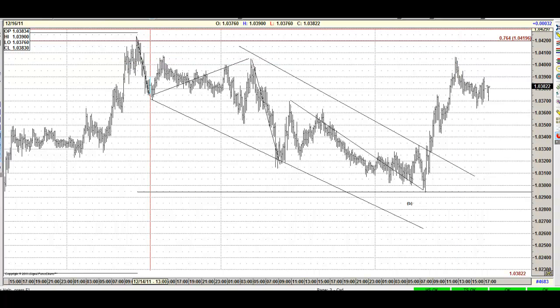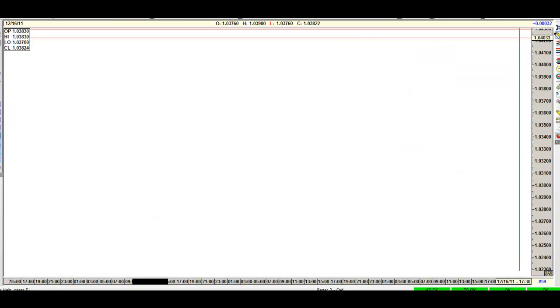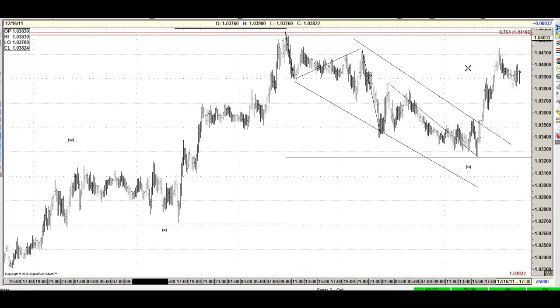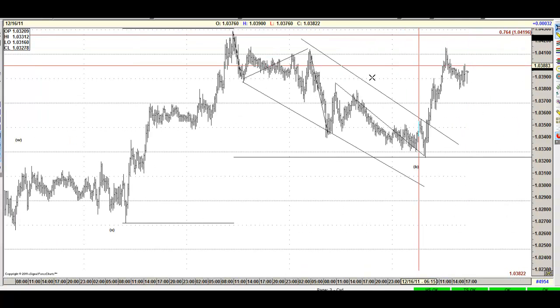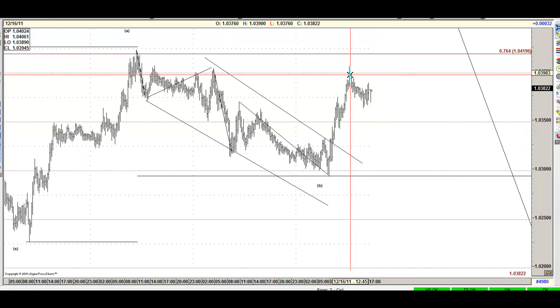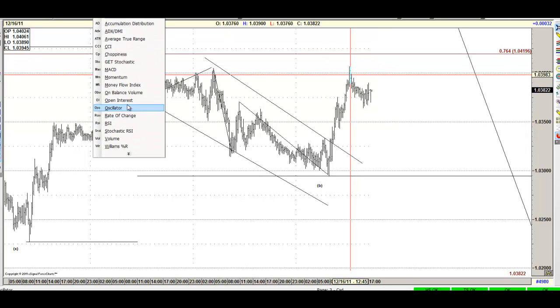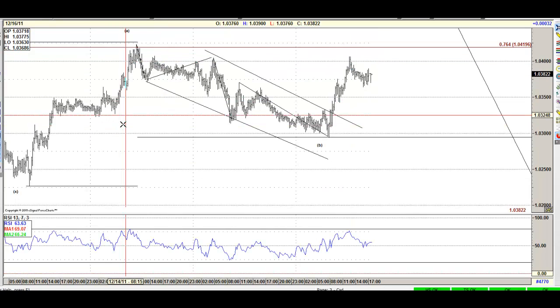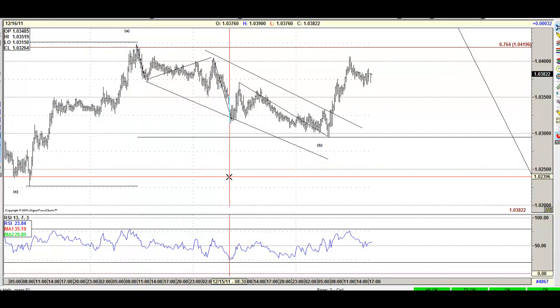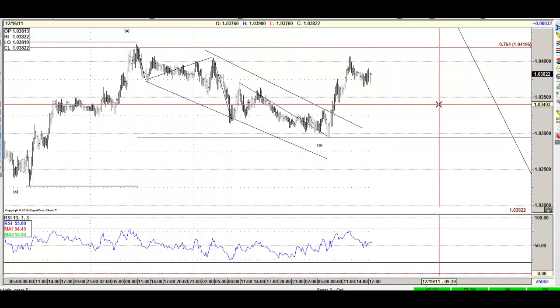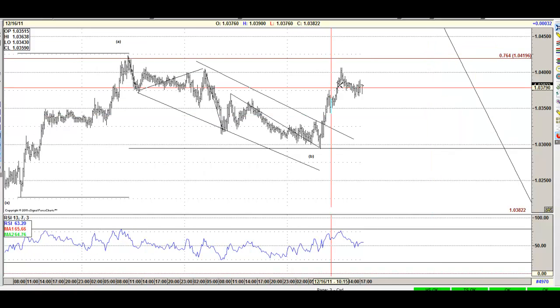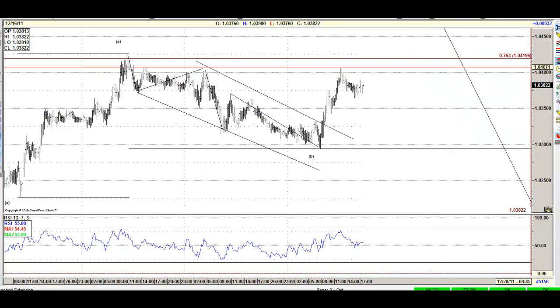Let me put the RSI right here. What you got? Divergences in this low, making the case for the 5. No divergence here. How do you see it?